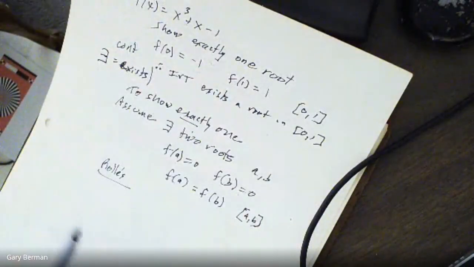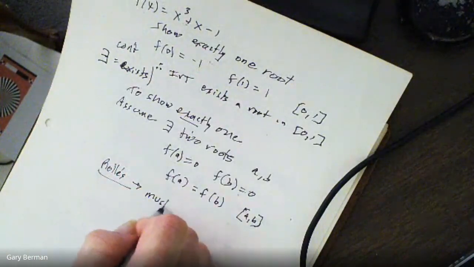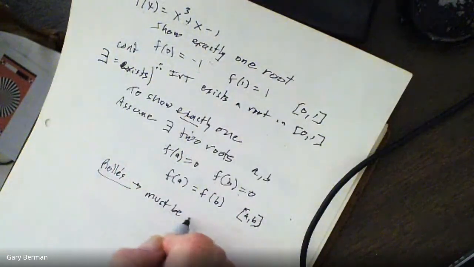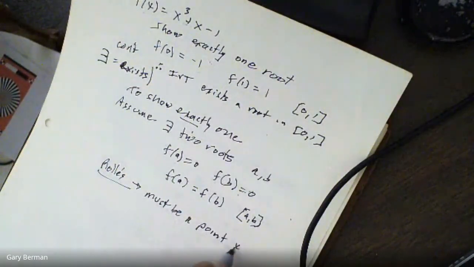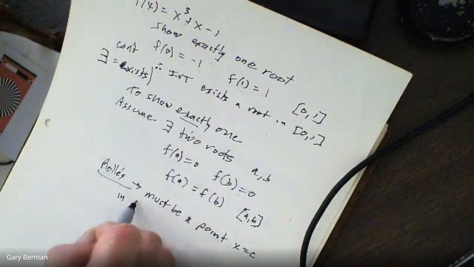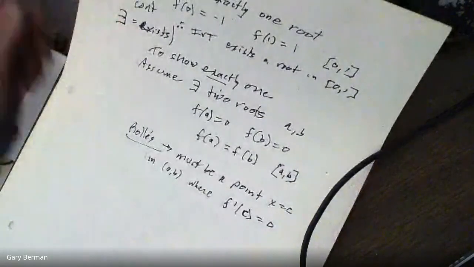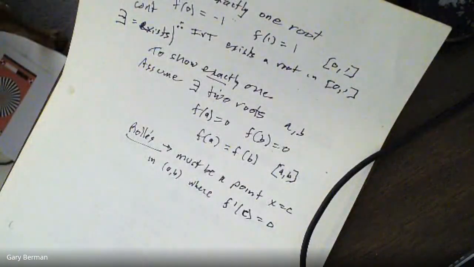So by Rolle's theorem, it says there must be a point C. There has to be a point x equals C in the interval AB where the derivative at that point C is 0. That's what Rolle's theorem says. There has to be some place where the derivative between A and B is 0.